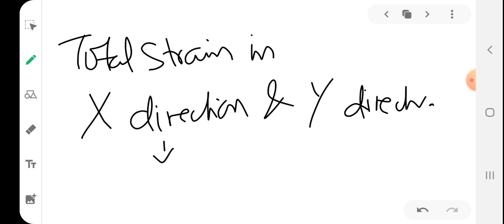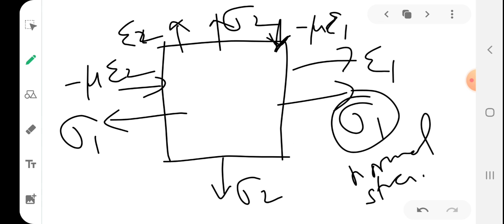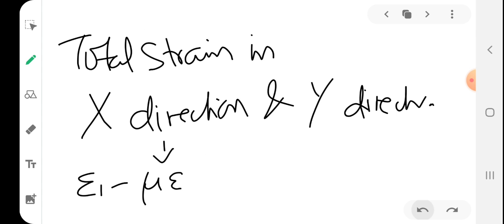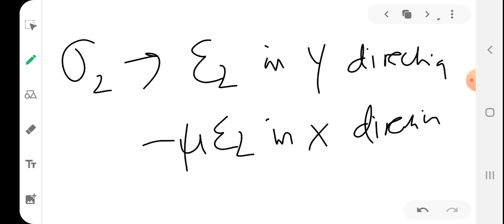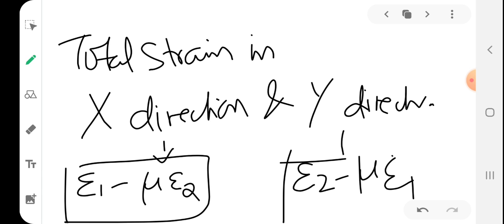So in the x direction we have epsilon 1 minus mu epsilon 2. Sorry, mu epsilon 2. Right? Similarly, epsilon 2 minus mu epsilon 1. So this is the sum in the x direction, this is the sum in the y direction.